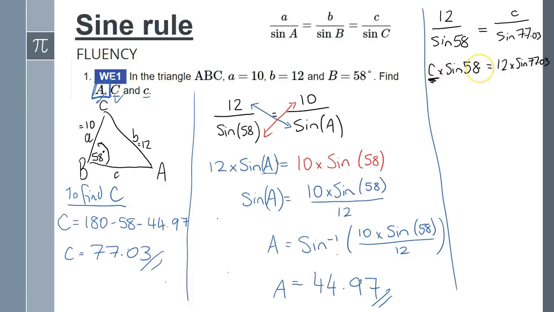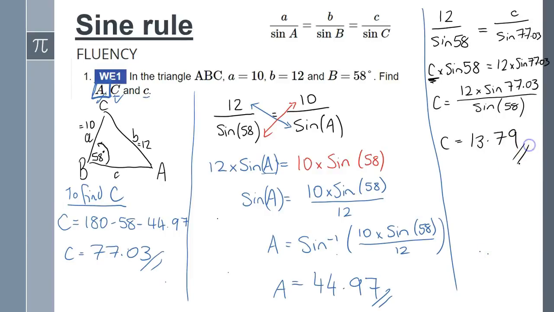At the moment, C is multiplying by sine 58. Opposite of multiplying by sine 58 is dividing. So C is 13.79, and there are my 3 answers done.